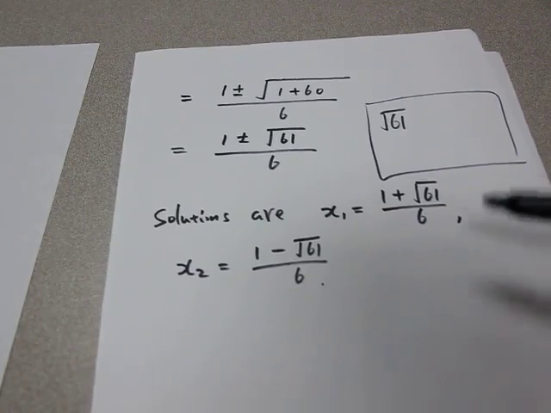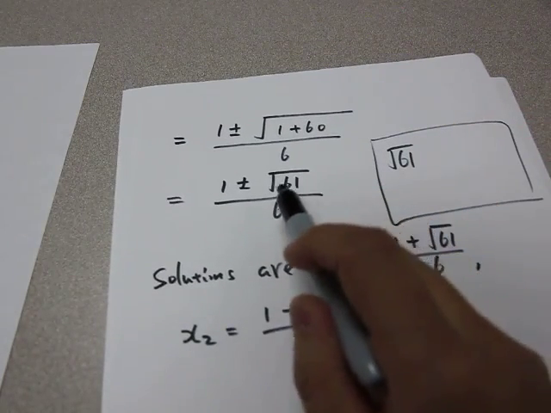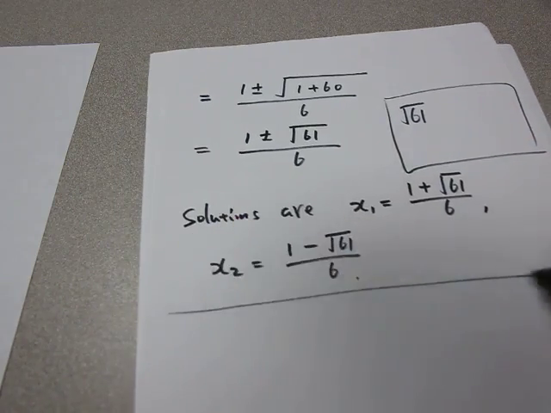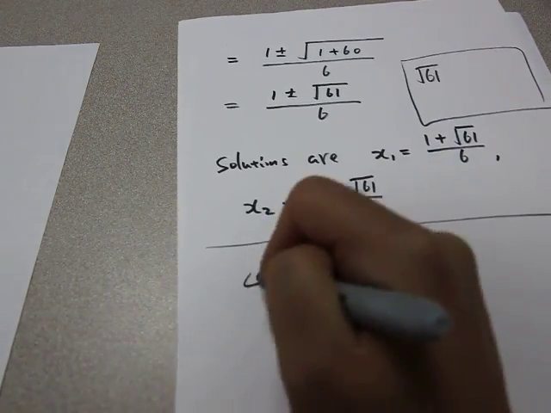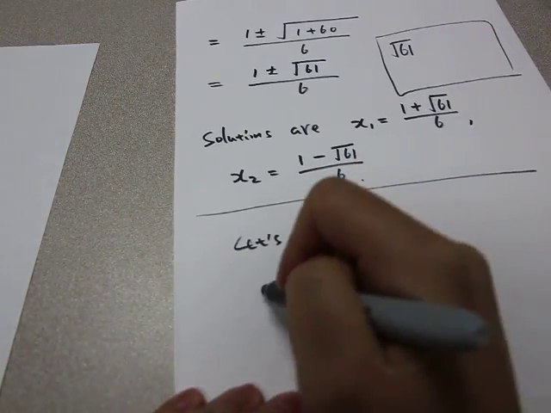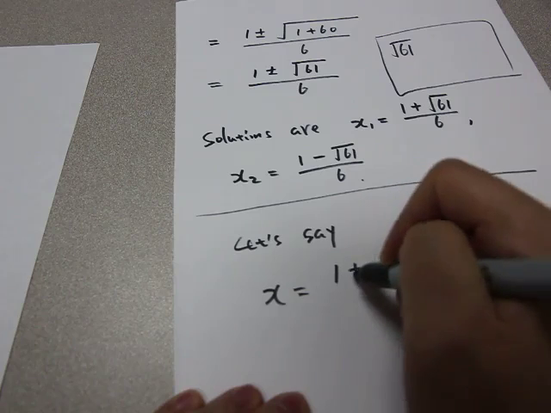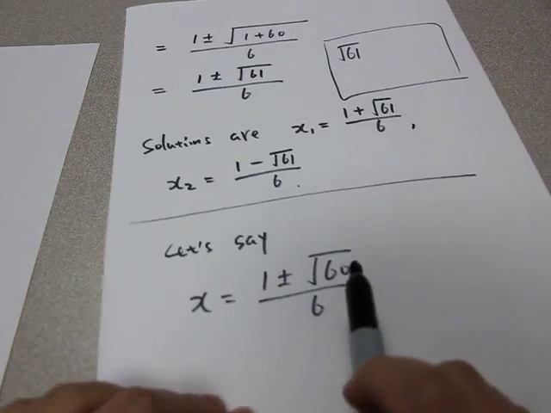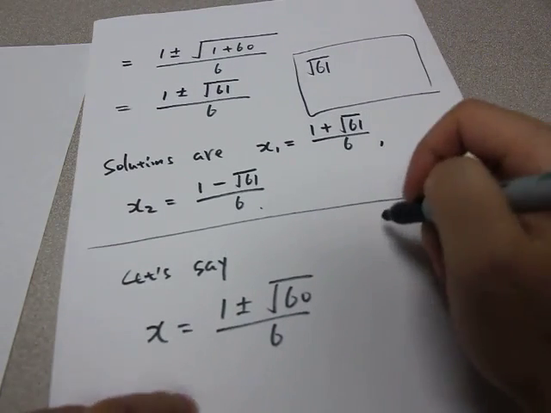If we can simplify the radical, then we do need to simplify it. So let's say we end up with x equals 1 plus or minus the square root of 60 over 6, then we do need to simplify this number.